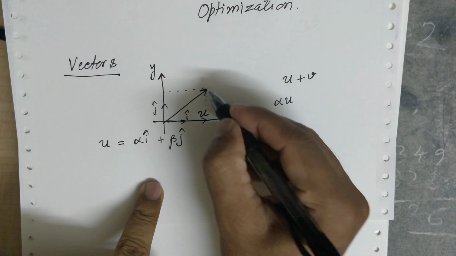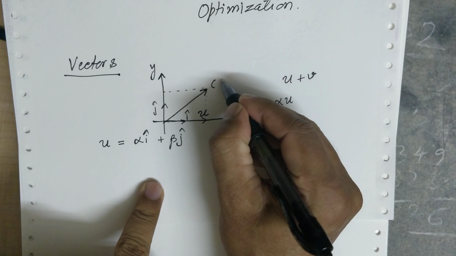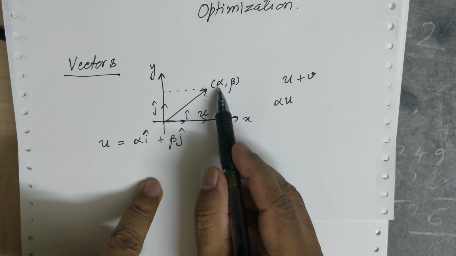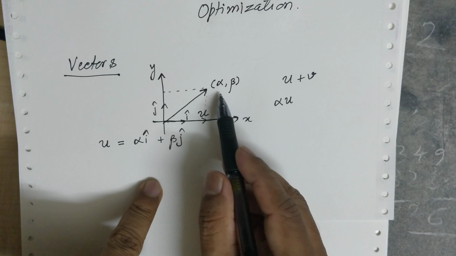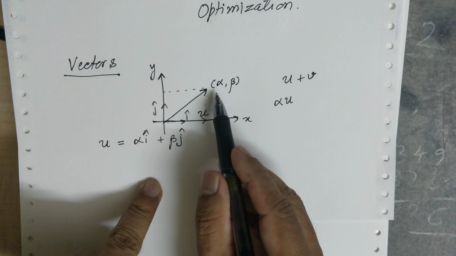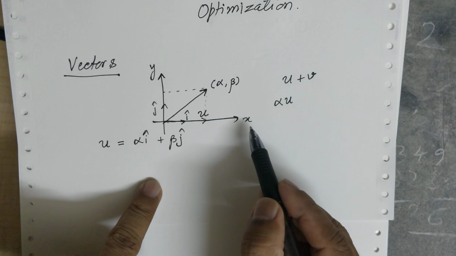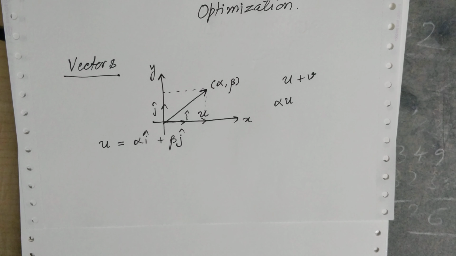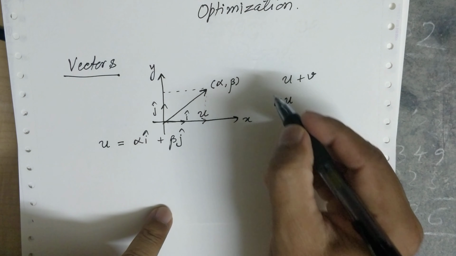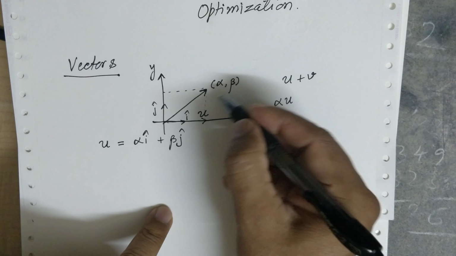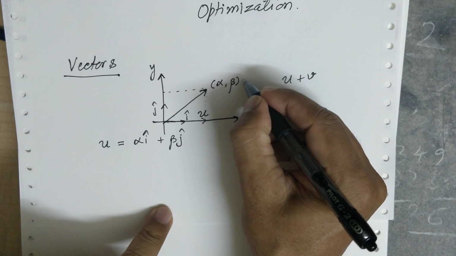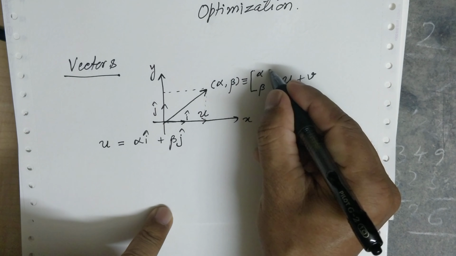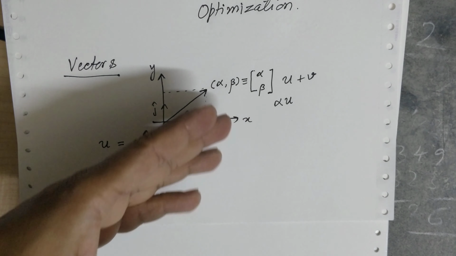So this vector therefore can be thought of as the point with coordinates alpha and beta. The first component corresponds to the direction along the x-axis, and the second component along the y-axis. And so this is the notation for a point. As a vector, we treat this to be equivalent to the column vector or column matrix with entries alpha and beta.